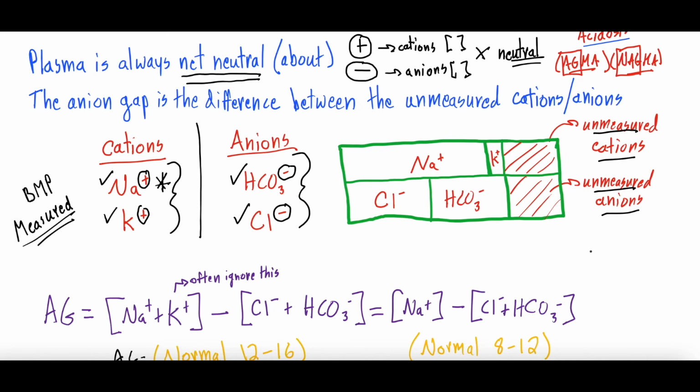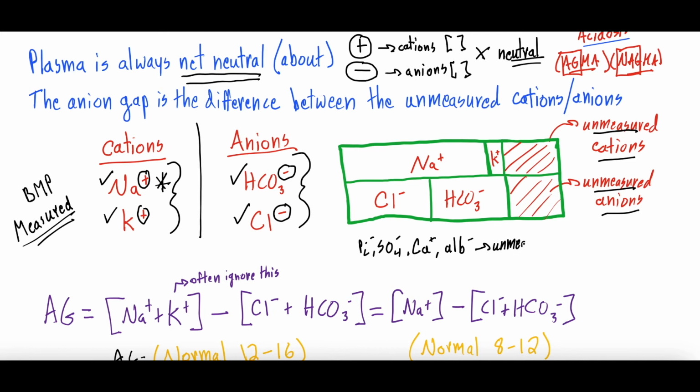Because we know that plasma is always net neutral, and we know that there are a lot of unmeasured cations and unmeasured anions. Things like phosphate, sulfate, calcium. Phosphate's negative, calcium's positive. Even negatively and positively charged proteins, like albumin, which is negatively charged. All these are unmeasured.